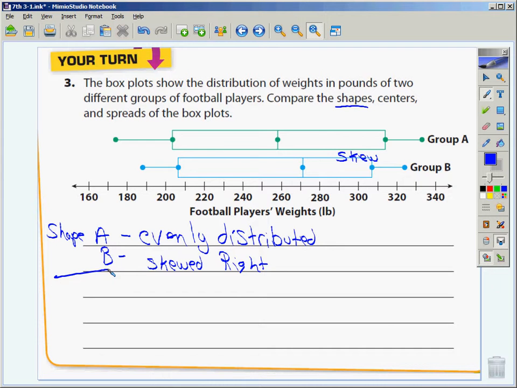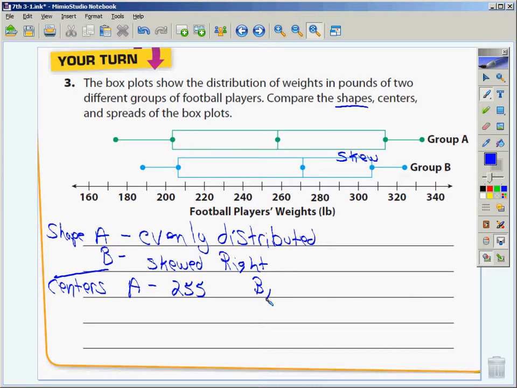Next, it said the centers. I can be a little more specific here. What's the center of A? I'd actually have to look at yours to make sure. It's probably 255. It's kind of between 250 and 260, so it's about 255, 256. How about Group B?